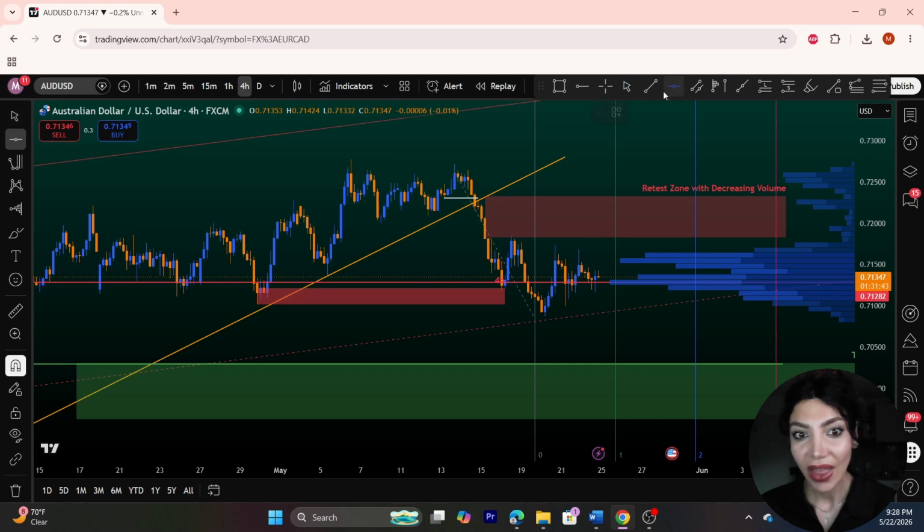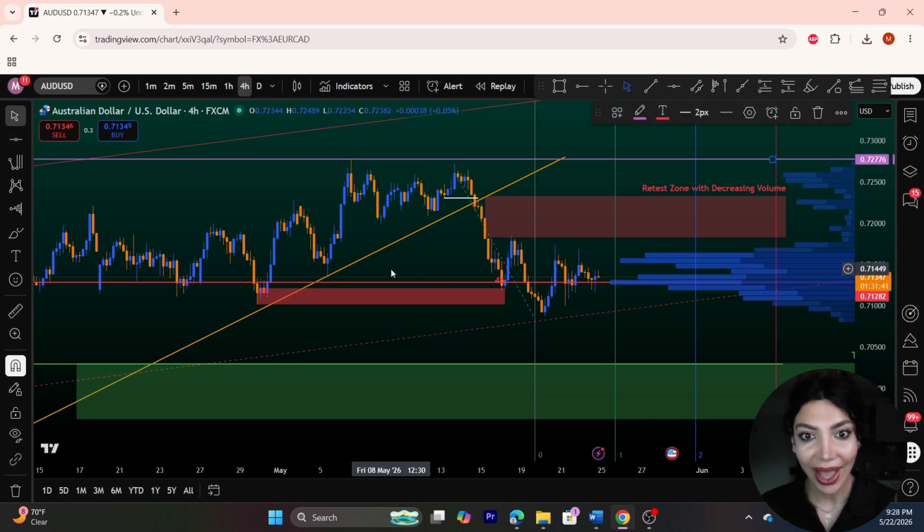As you can see, this was the last high and the price couldn't even reach the highest high, which is exactly where I started paying close attention for a potential continuation move lower.